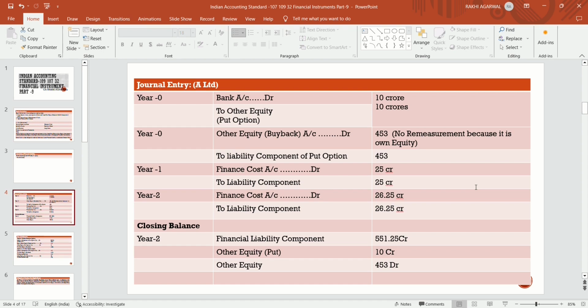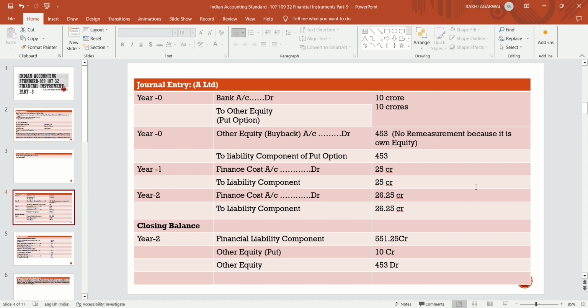A Limited will buy back its own equity instrument, so other equity buyback account debit, because right now it is not going to pay anything and not going to receive the shares. So it will recognize other equity buyback account debit at present value, that is fair value, 453 crores.